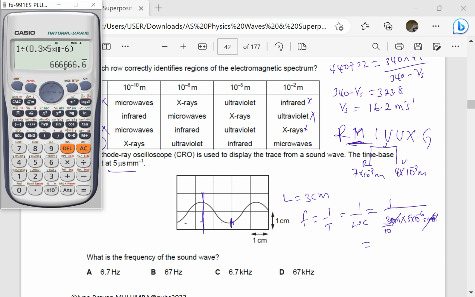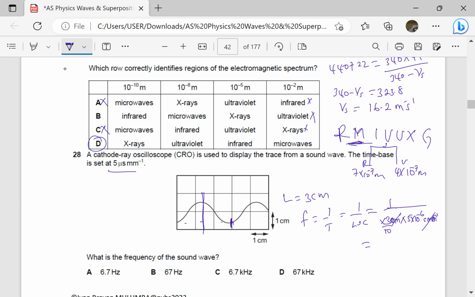No, this is supposed to be times, not divide by. With converting from centimeters to millimeters, I should not divide, I should multiply. So 3 centimeters to millimeters is the same as 30 millimeters. So millimeters cancels.